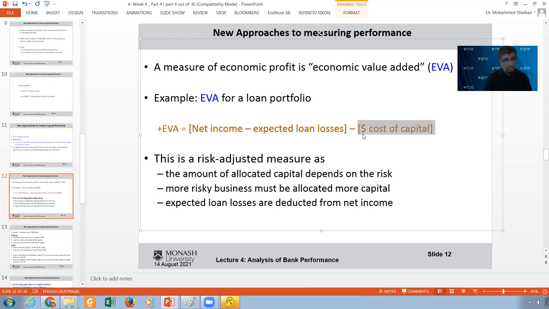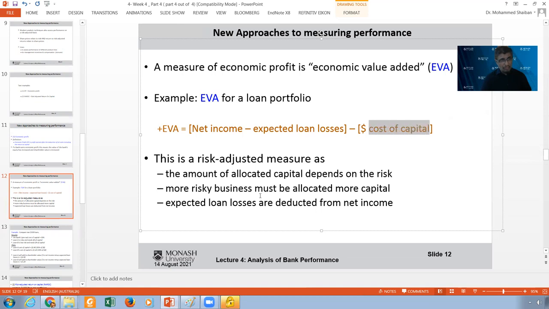More risky loans need more capital. This is a basic thing. So for the allocated capital for this type of loans, if you still make profit out of it, if you still make a plus, then you are actually making what we call economic added value. So this is a risk-adjusted measure, as the amount of allocated capital depends on the risk.